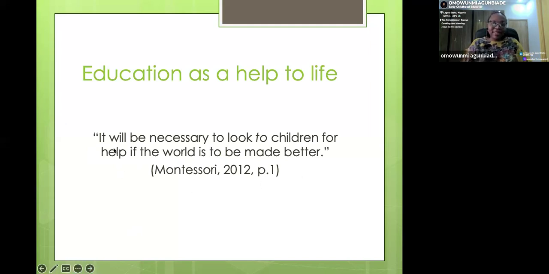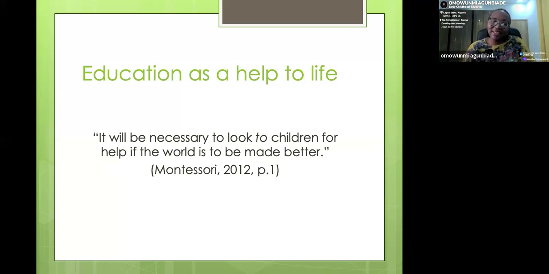All right, so the second slide, education as a help to life. It will be necessary to look to children for help if the world is to be made better. Can you see that this is almost like turning things around? What does Montessori mean by this?